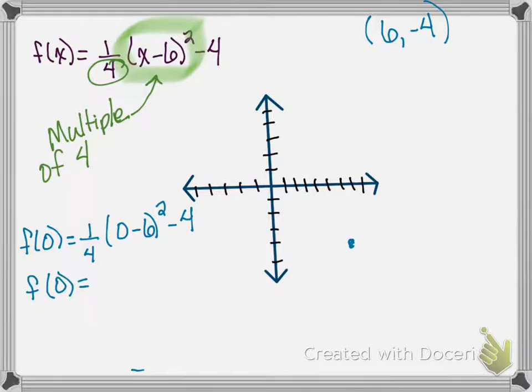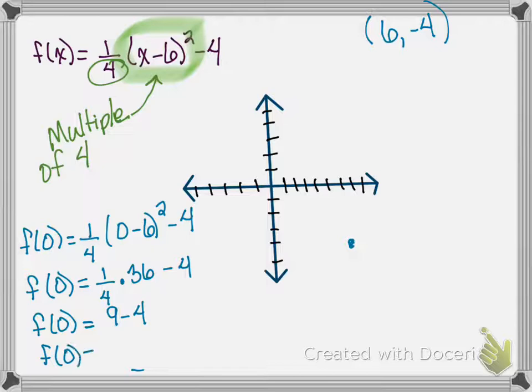What's negative 6 squared? 36. So then I have 1/4 of positive 36 minus 4. You can just divide 36 by 4. What do I get? 9. And 9 minus 4 is 5. Okay, so that works.